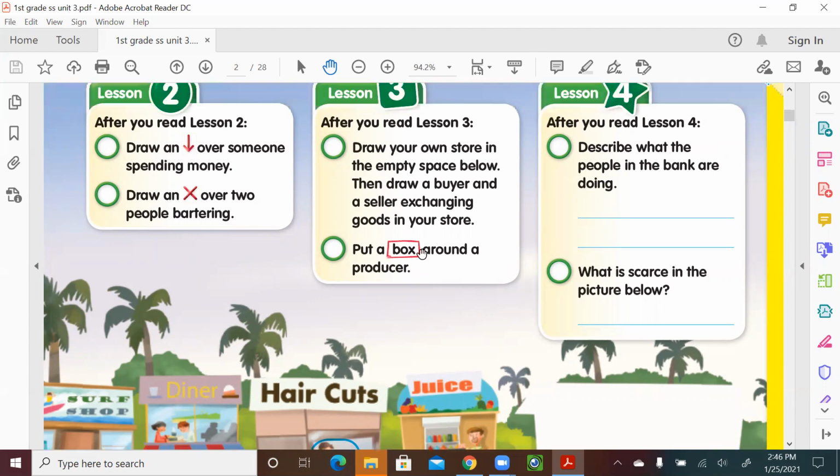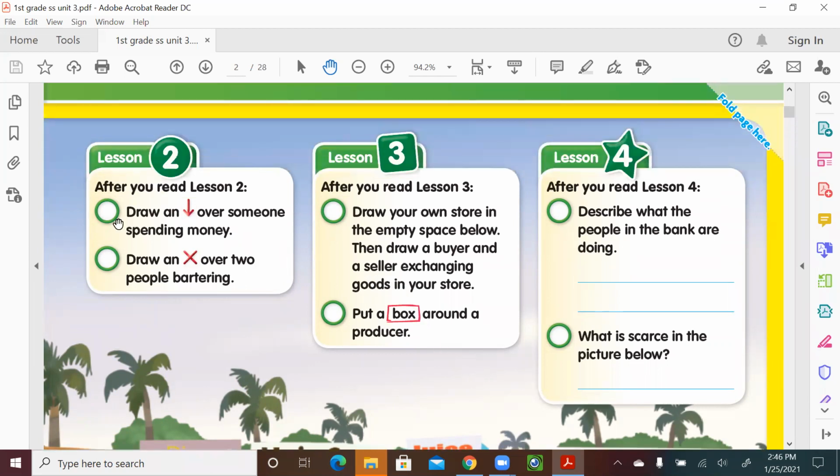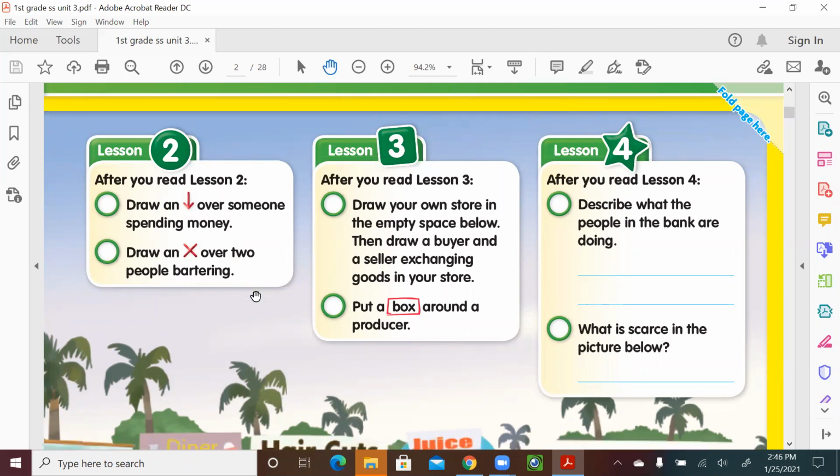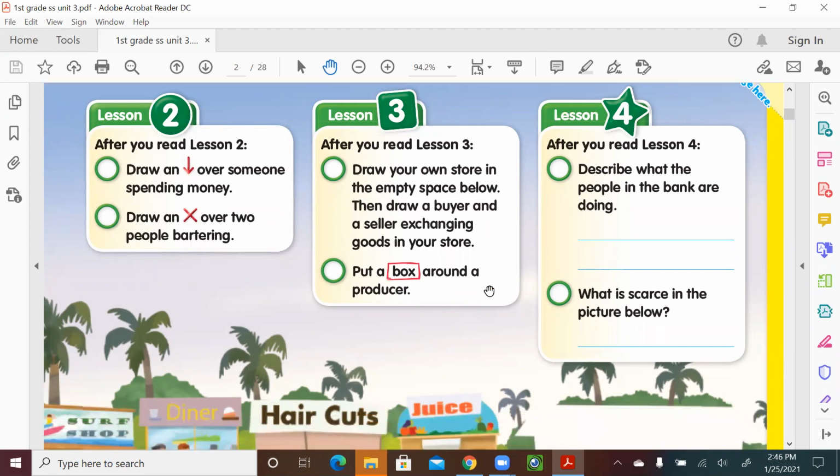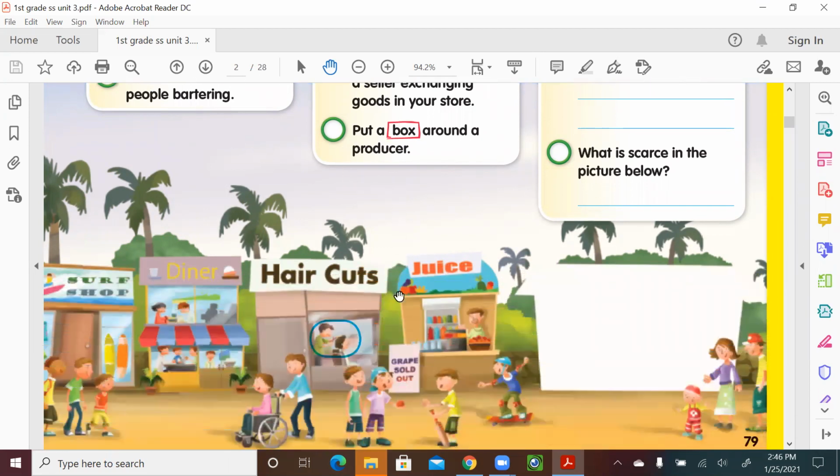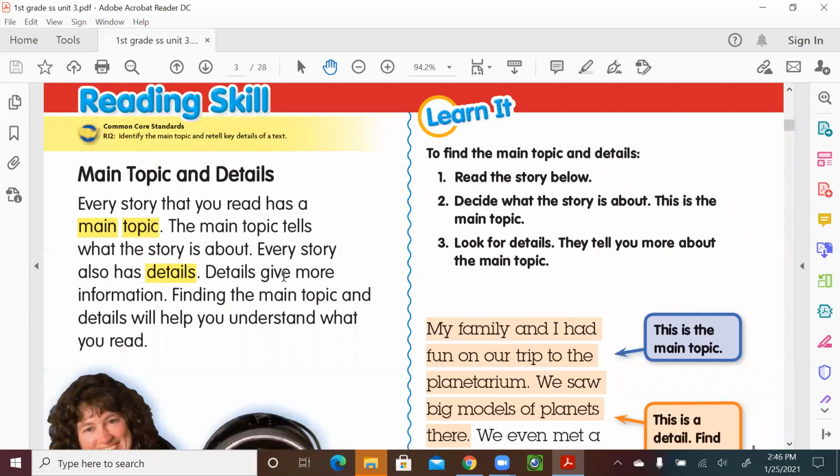We always have 4 questions for each lesson, and we get to answer these questions after covering the 4 lessons for the unit. So we're going to skip this page and start with the reading skill.